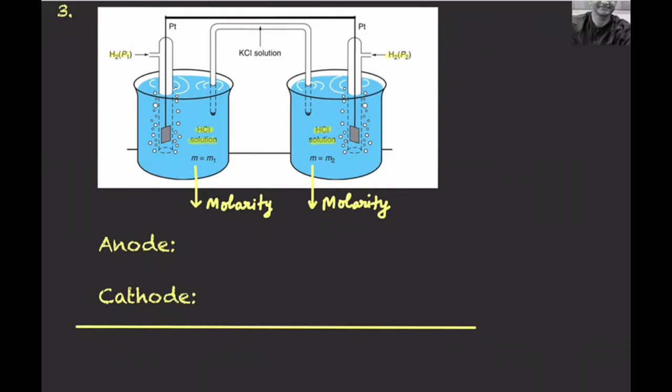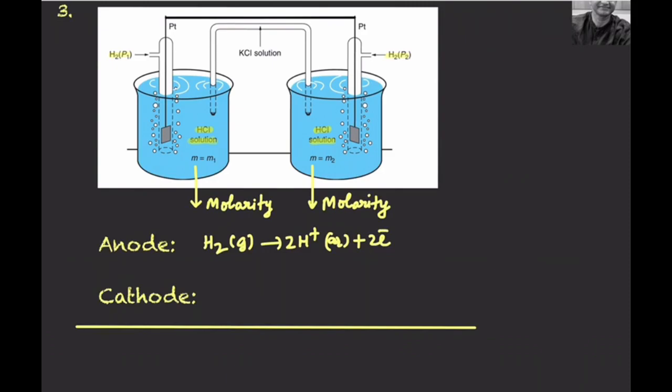So if I write the reaction taking place in anodic compartment, till here we are not able to decide which electrode will be anode and which will be cathode, but whenever we write the reaction taking place at anode, it means that hydrogen in gaseous state will oxidize to form 2 times of H plus ion in aqueous state by releasing 2 electrons.